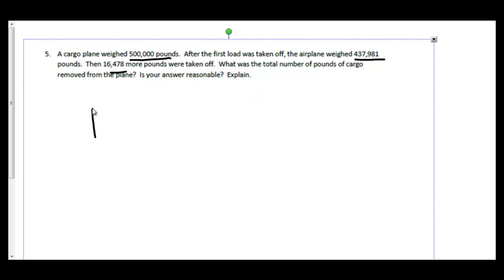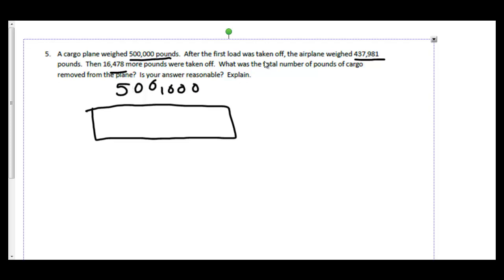Okay, so we have a cargo plane, and it weighed 500,000 pounds. So after the first load was taken off, and we don't know what that first load was, I'm just going to call this F for first. After the first load was taken off, the plane weighed 437,981 pounds.